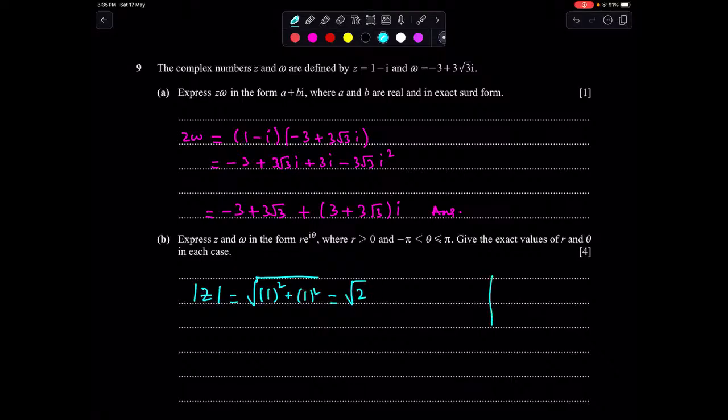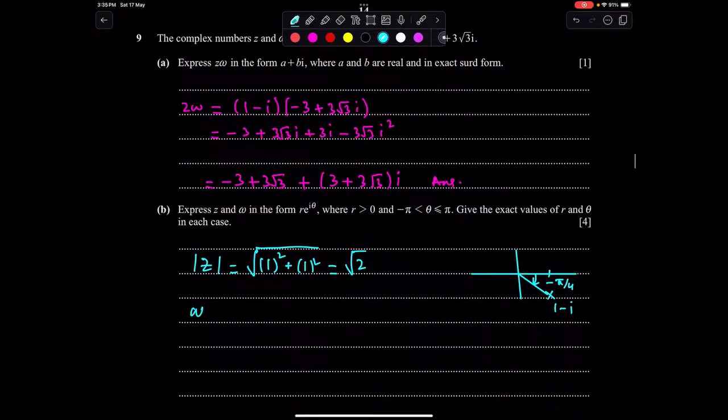And sketch 1 minus I for argument. Make a rough sketch. 1 minus I, so it must be here. So this is y is equal to minus x. So its argument is minus pi by 4.